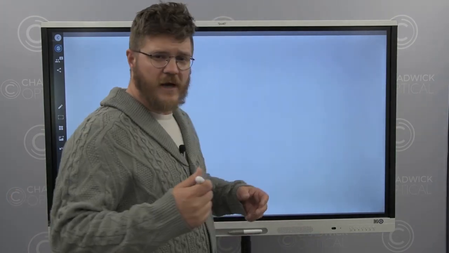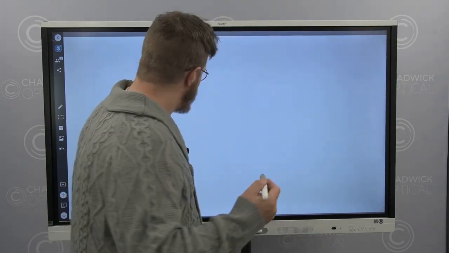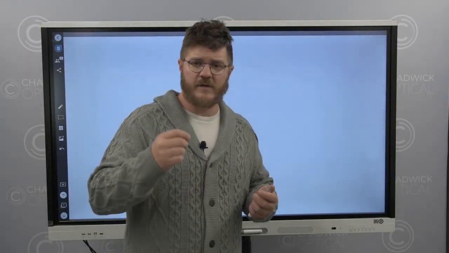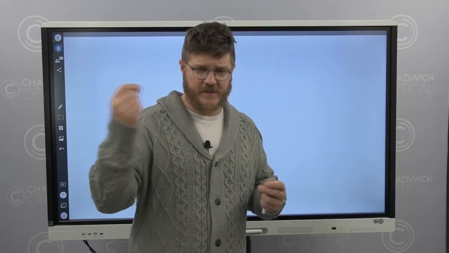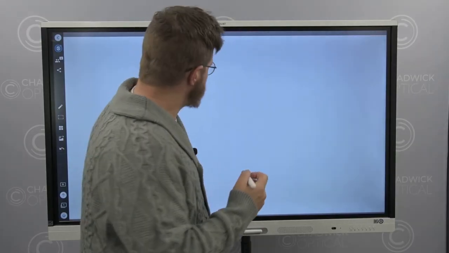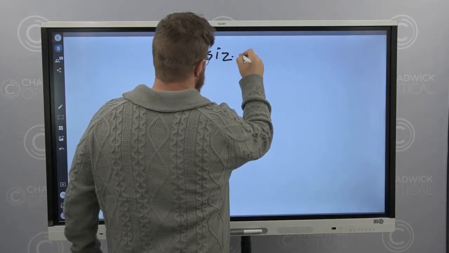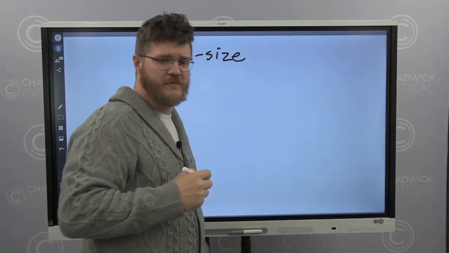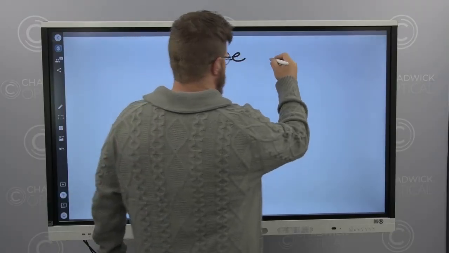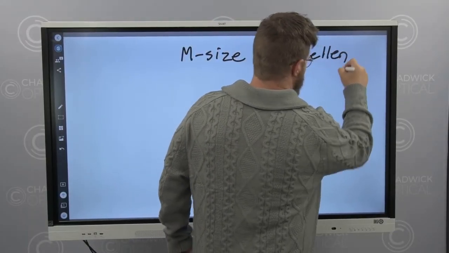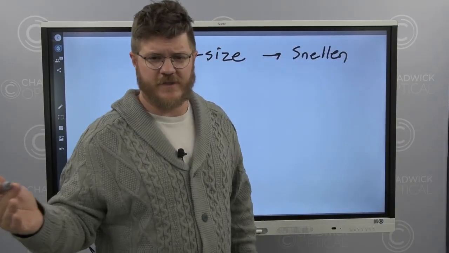Now, how do you calculate diopters? There's a means of measuring text size called the M size. The M size is very frequently used in low vision instead of Snellen. Snellen is your normal one that you know as 20/20, 20/40, 20/60.